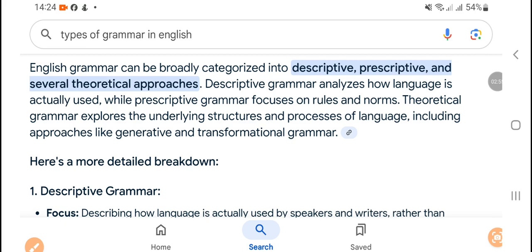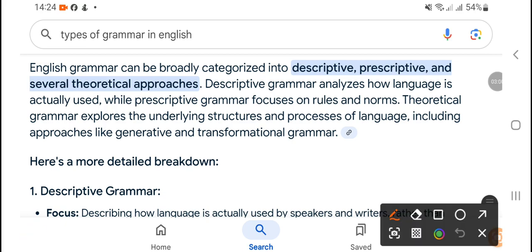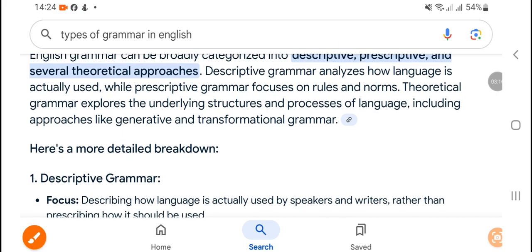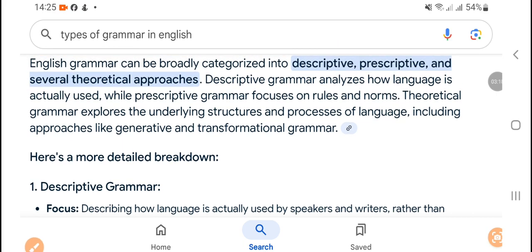Here, English grammar can be broadly categorized into descriptive, prescriptive, and theoretical approaches. So here we have seen that there are three types of English grammar. One is descriptive, one is prescriptive, and another is based on theoretical approaches.